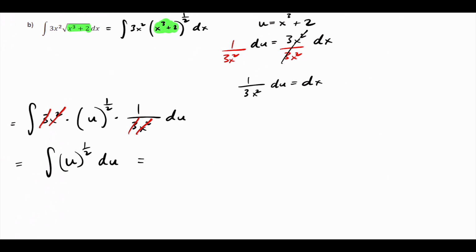Find the antiderivative. Add 1 to the power, divide by the new power. When you divide by something, you're just multiplying by the reciprocal. So instead of dividing by 3 over 2, you can just multiply by 2 over 3, plus c.